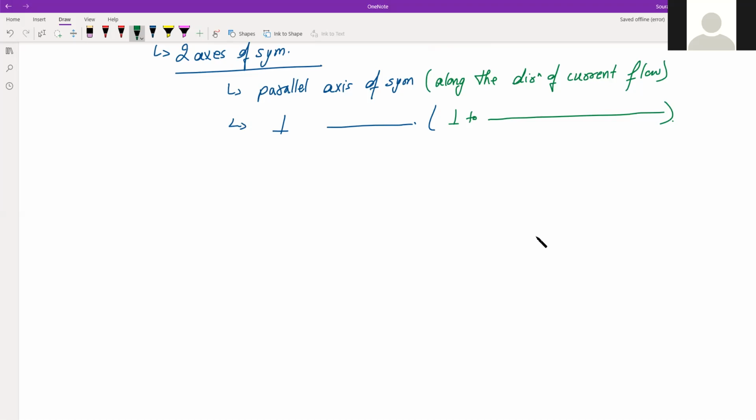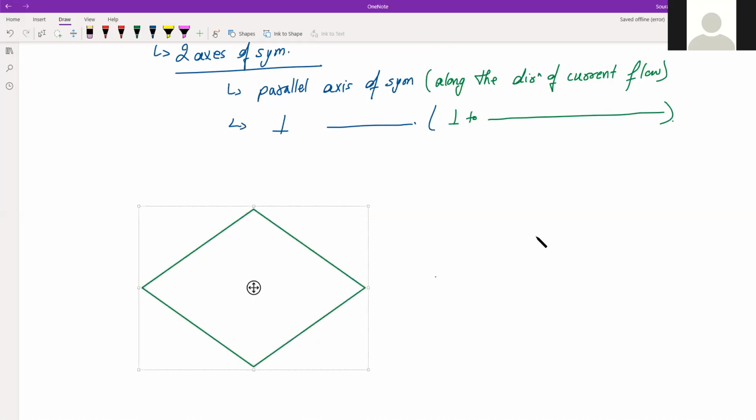Suppose we have a network like this, and there is a straight line like this, and another.